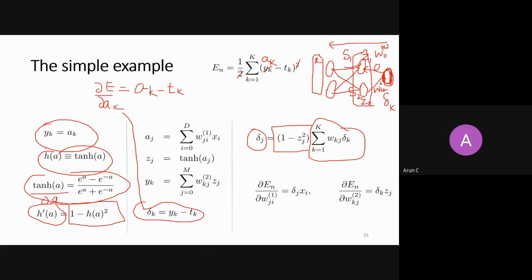And finally, to take the derivative of weights, you just multiply delta k with zj here to take the derivative with respect to W12. Similarly, to take the derivative with respect to this weight, which is W22, you just multiply delta j with your input xi.